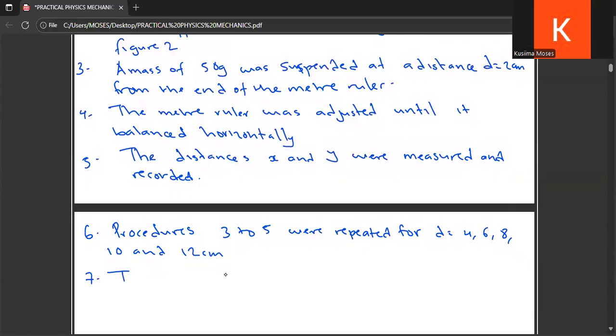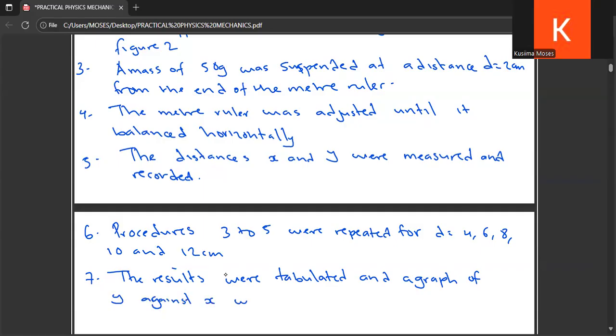The results were tabulated, and then a graph of y against x was plotted.